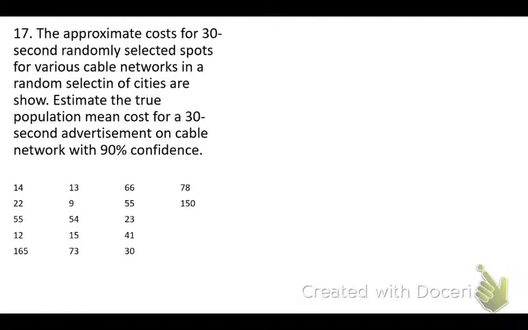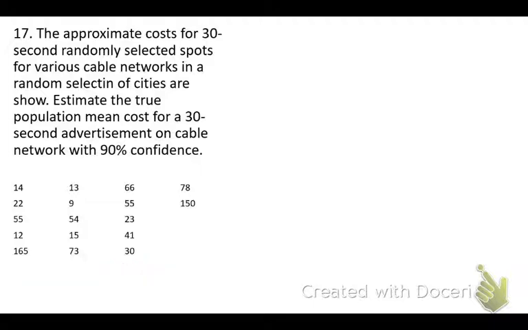All right, so here's the last problem that we're going to do. It's very, very similar to problem number 7, and it says the approximate cost for a 30-second randomly selected spot for various cable networks in a random selection, typo, of cities is shown. So here's all of my data that I'm going to be using in a second.